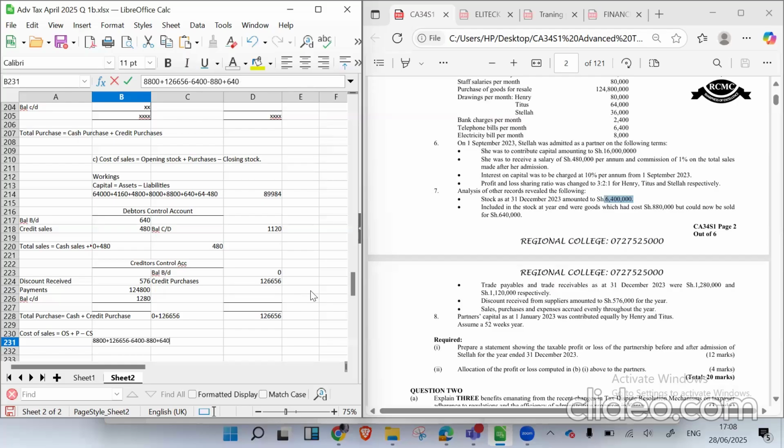Does that make sense? Yes. Great. So that becomes our cost of sales.